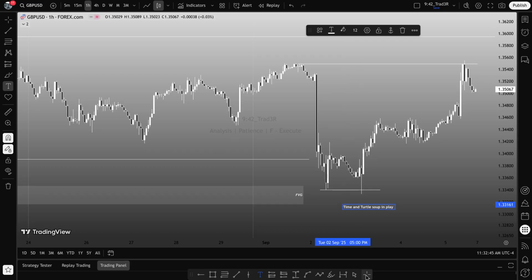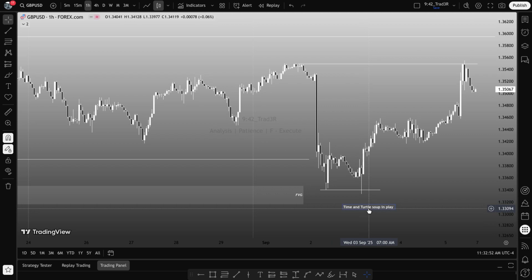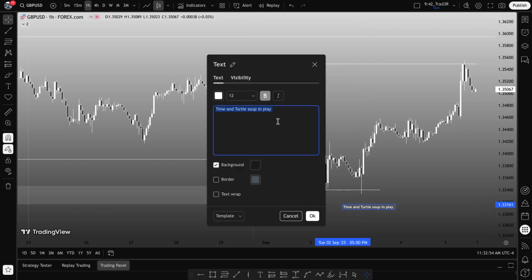So on the lower time frame, I can obviously see a time and turtle soup, and it is happening during 3 a.m. The 3 a.m. candle gave us a beautiful time and turtle soup.